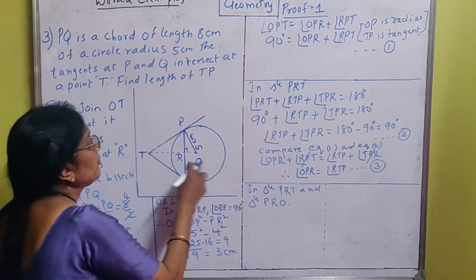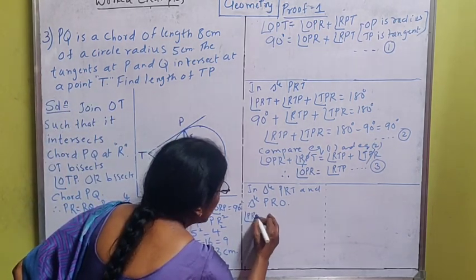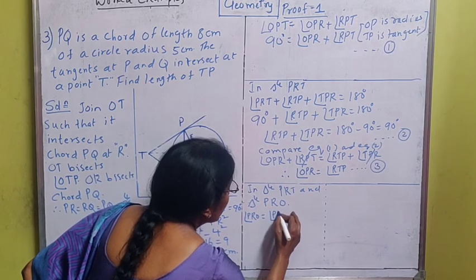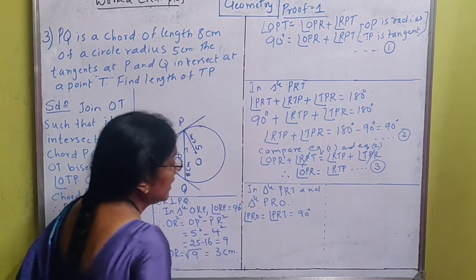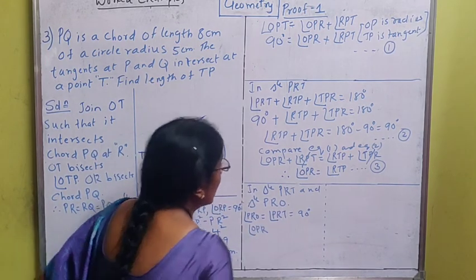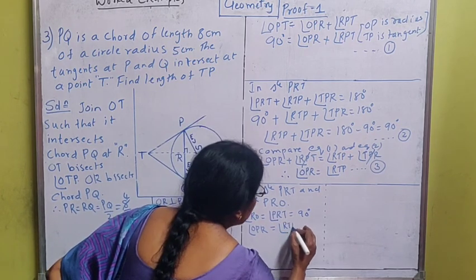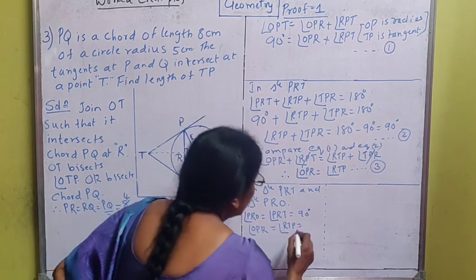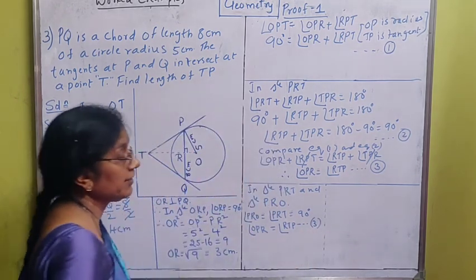One is angle PRO is equal to angle PRT, which is equal to 90 degree. Second is over here, angle OPR is equal to angle RTP, and that is through equation number 3. That is equation number 3a.